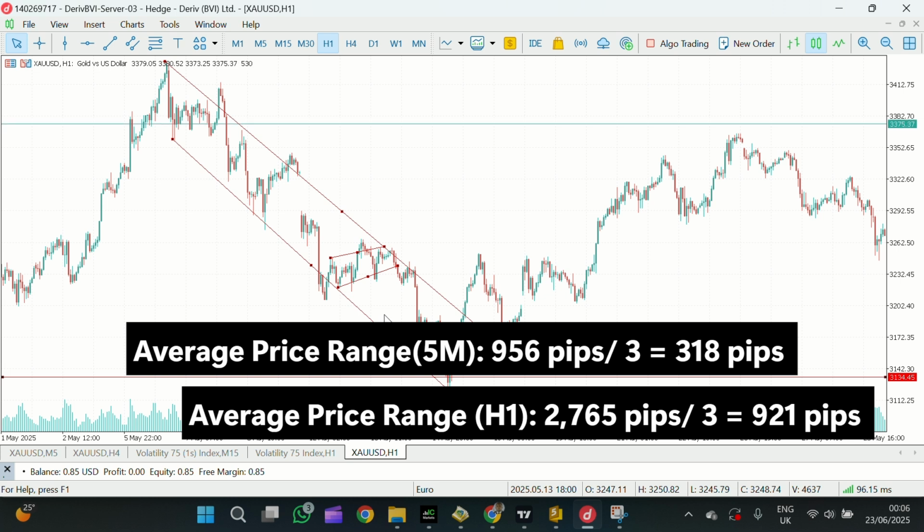You need to be patient, because after drawing the line of best fit from the swing high to the swing low, you need to wait for it to move from up to down and down to up. You need to wait for it.